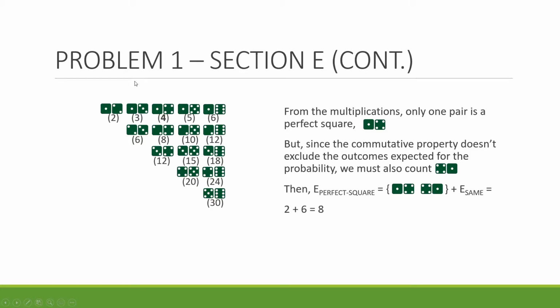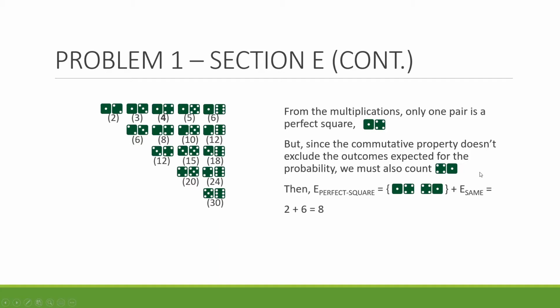And here, we want to find the multiplications. 1 times 2 is 2, 1 times 3 is 3, 1 times 4 is 4, and so on. And from this, we find that the only one that satisfies the perfect square condition is 1 and 4. But the commutative property is not going to exclude the outcomes for the other half. So we must also count 4 and 1, which is 4 times 1 is 4, obviously.